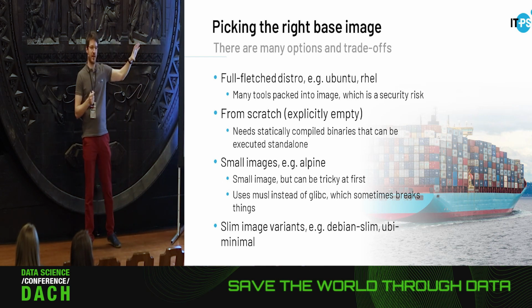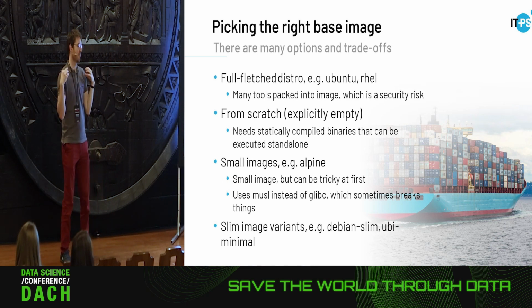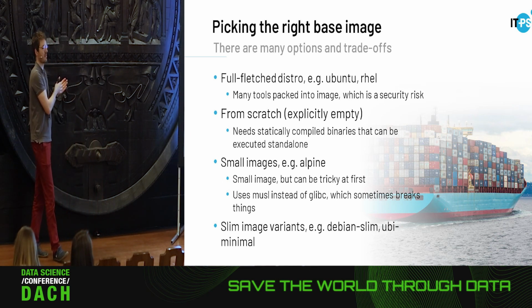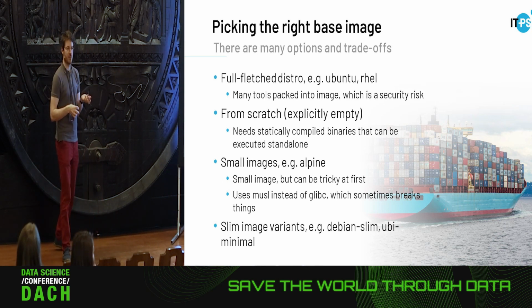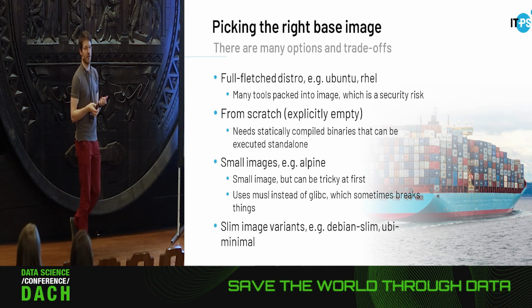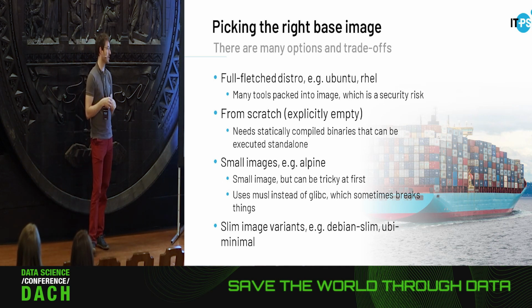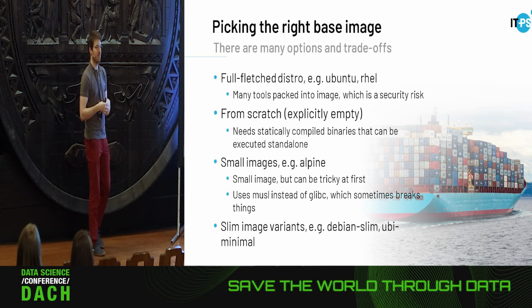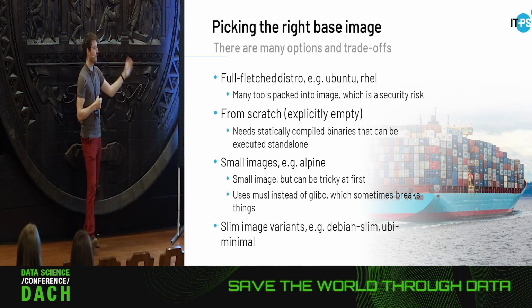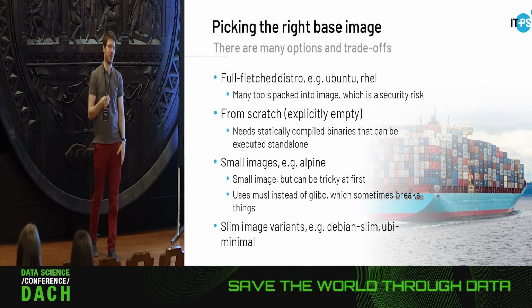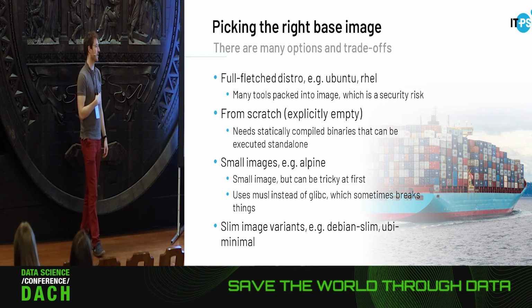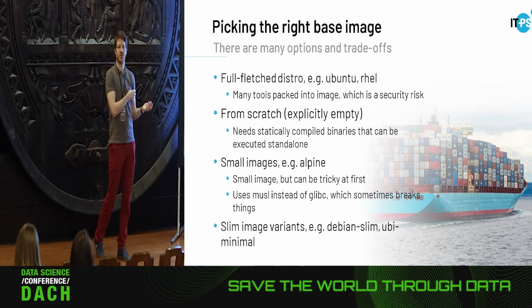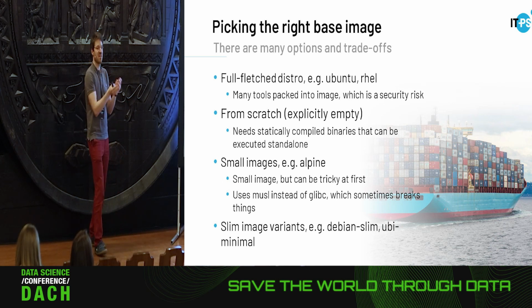You can have the full-fledged, huge, humongous distro image, like for example your Ubuntu images or your RHEL images, and they come with a lot of tools that you would know from your Linux server or your Linux laptop, if you will. Maybe even your Unix terminal. All of these tools like curl, whatever they might be, are just baked into the image. You have them available, which is nice. Makes compiling easy, makes running stuff easy because you don't need to think about any dependencies because most of the basic ones are already there.